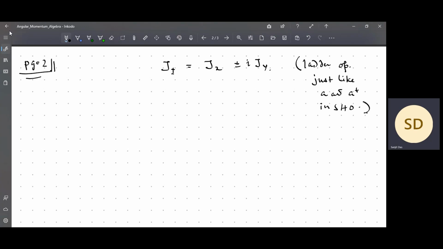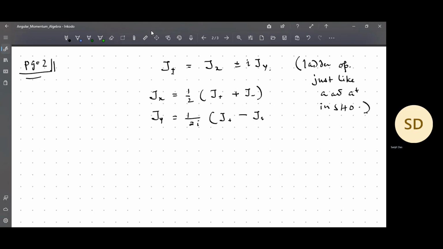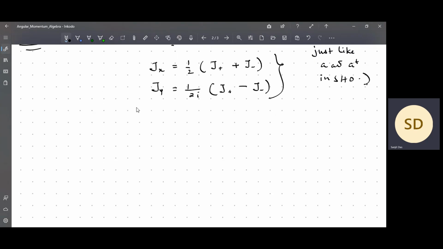With this definition, Jx equals half of J plus plus J minus, and Jy equals 1 by 2i of J plus minus J minus. Introducing the operators in the simple harmonic oscillator was quite useful. We will try to leverage the same idea here in angular momentum.